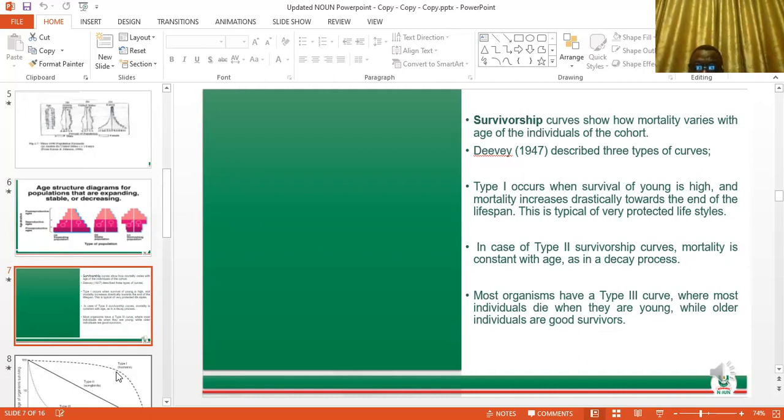Then the next was the type 2 survivorship curve, where mortality is constant with age, as in a decay process. And the final one was type 3, where most individuals die when they're young, while other individuals are good survivors.